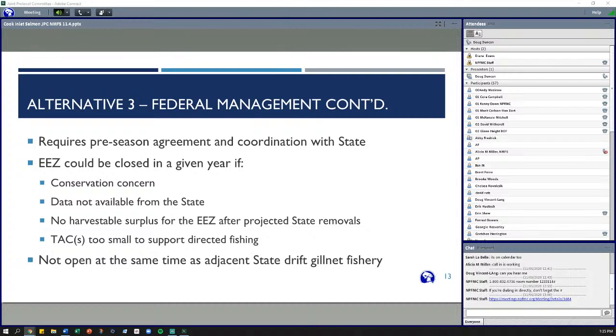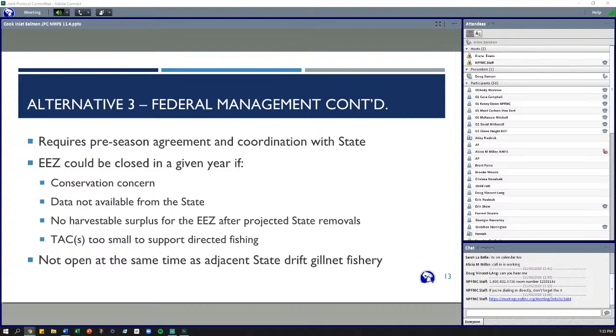And then one of the other important management measures that is probably good to point out in this venue is that with this federally managed fishery in the EEZ, we need to be able to manage to that TAC precisely and ensure that only vessels registered for participation in federal waters are fishing.